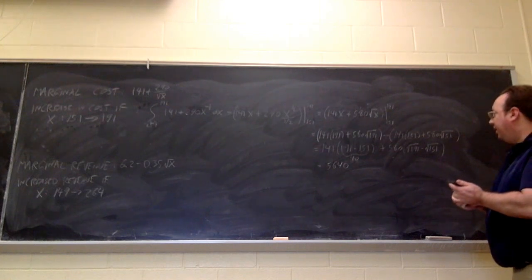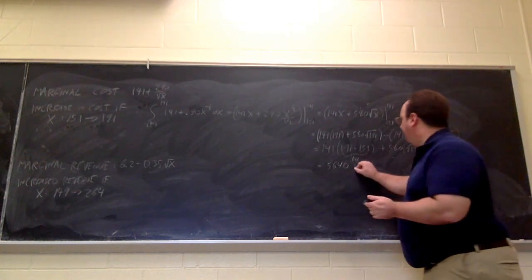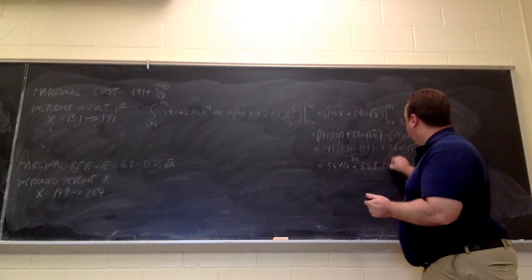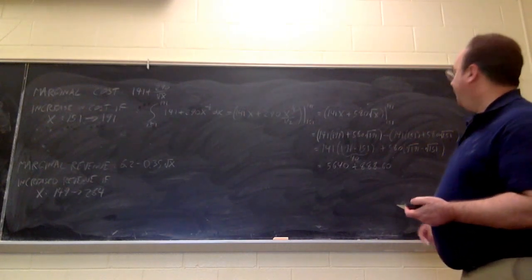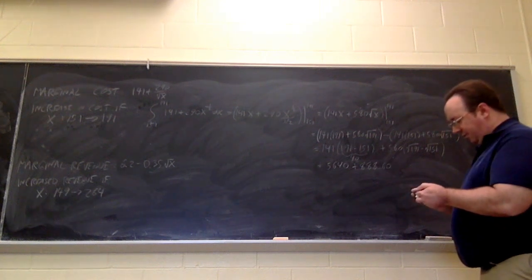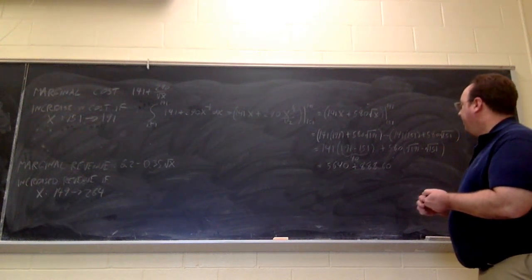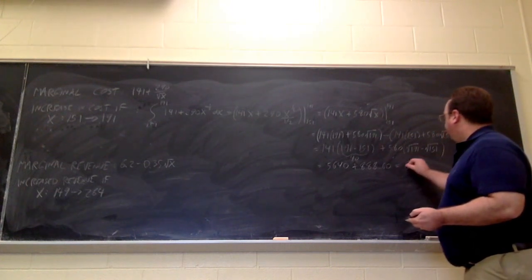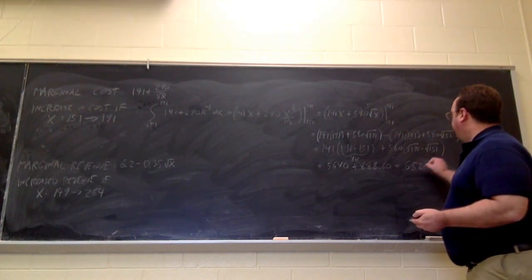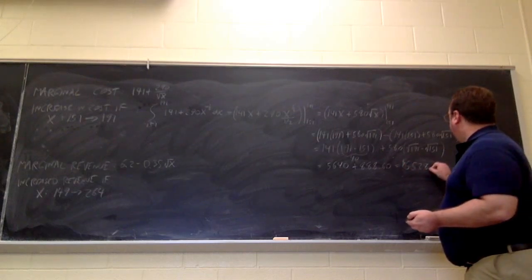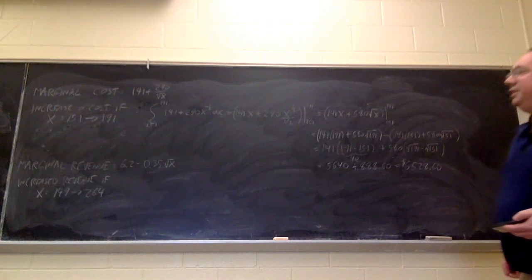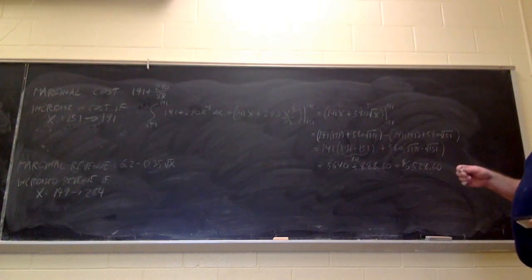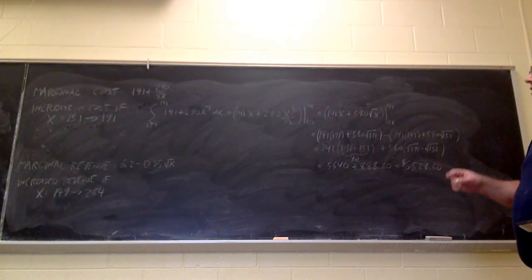What I get rounded to 2 decimal places is 888.60. So then I just add this to 5640, and what I get is $6,528.60. So that's how much the cost has increased when the number of units being produced increases from 151 to 191.